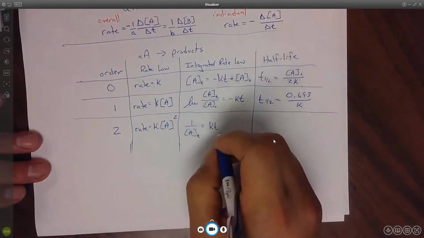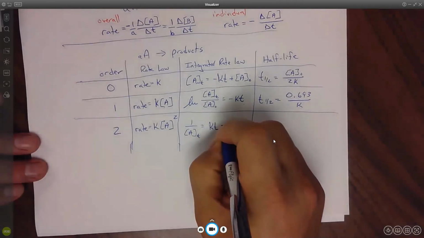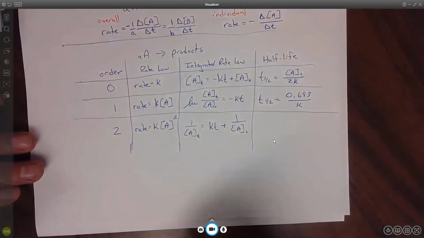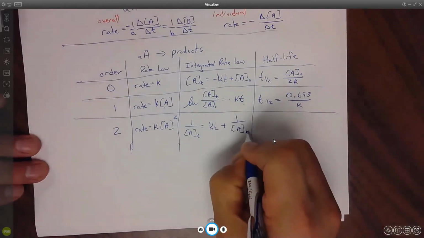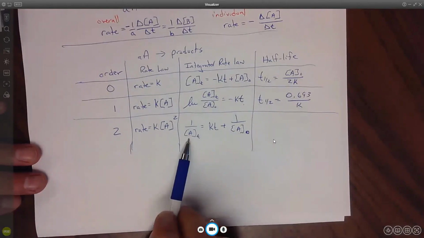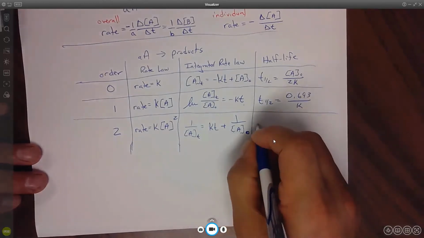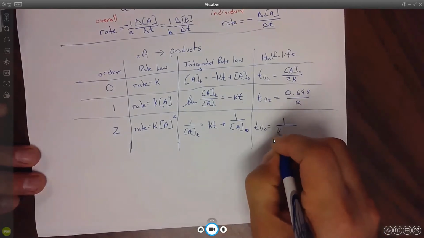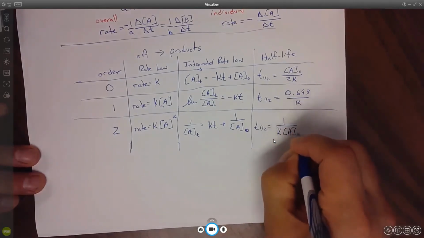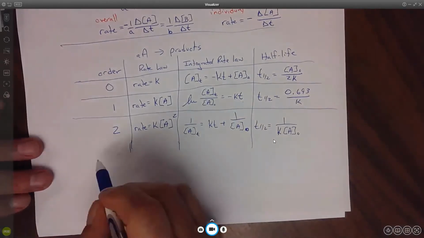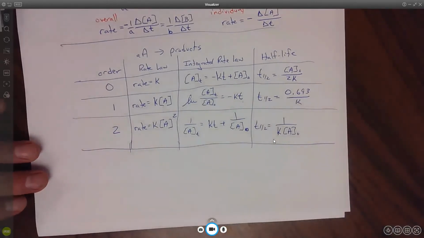And then we're going to add to that 1 over the initial concentration. Okay. And then again, what we're going to do is replace this with 1/2 A naught and then solve for t, which then will become T 1/2. And that's simply going to be equal to 1 over the rate constant times the initial concentration. So there's all the time concentration equations that you're going to need to know.